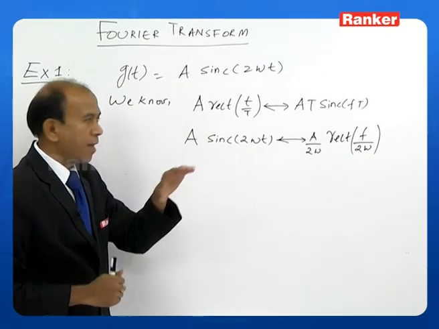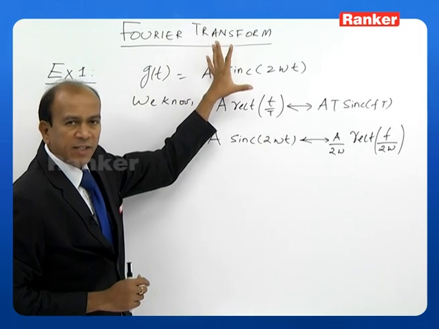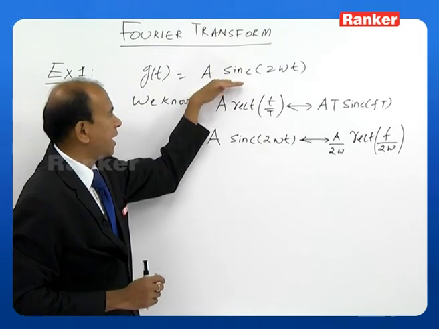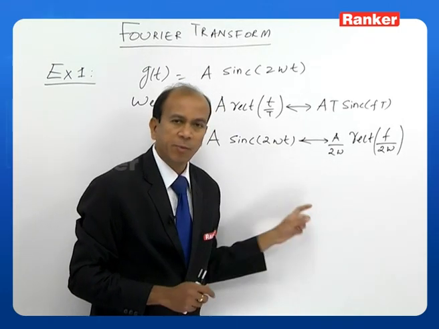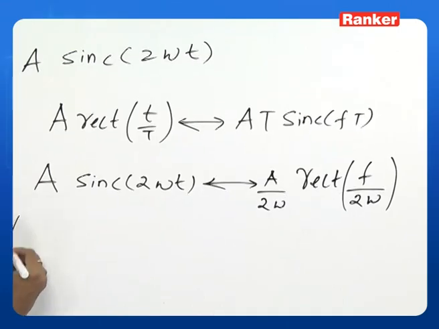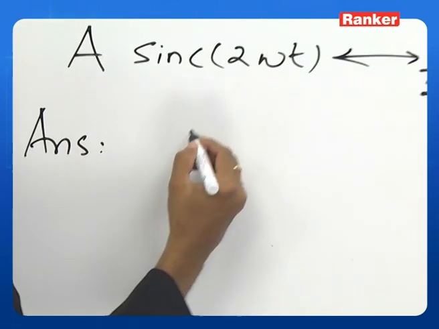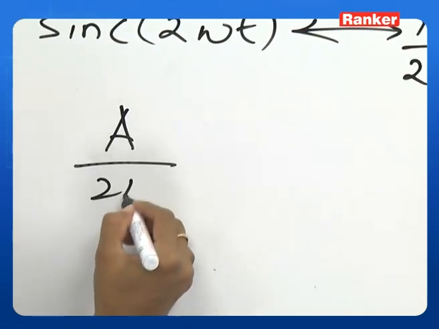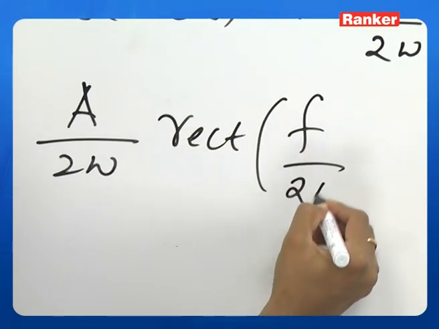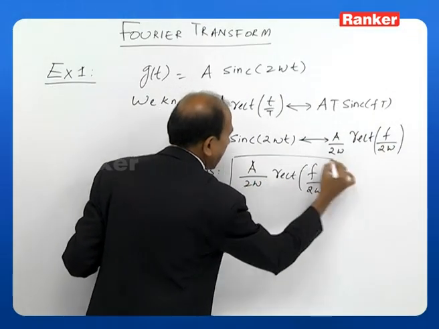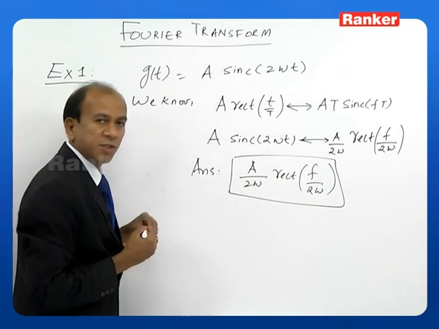So the Fourier transform of the function given, A sinc 2Wt, is A by 2W rectangle f by 2W. So this is the answer for this question.